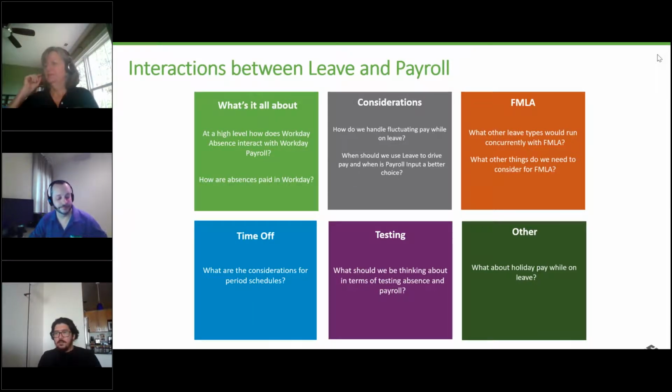As Casper mentioned, there are ways to automatically drive this by looking at the holiday calendar. What I'm seeing more and more customers adopt for those scenarios where somebody is on leave and needs to receive holiday pay, and this overlaps with time tracking as well, is a holiday time code.